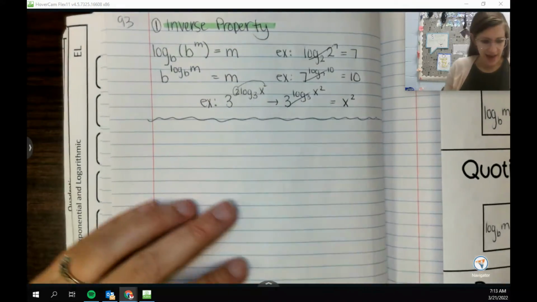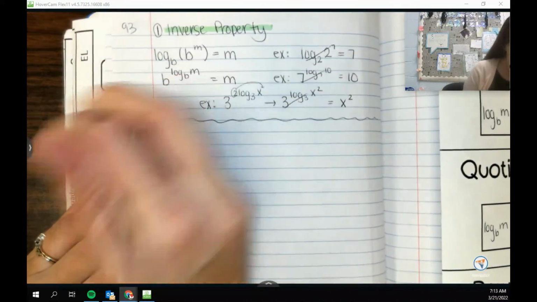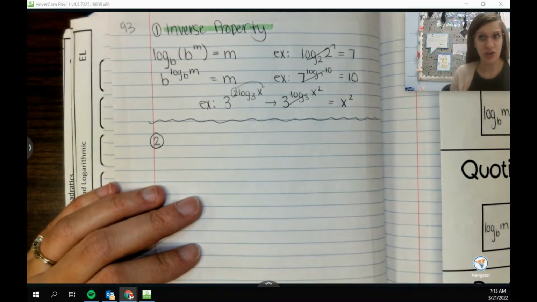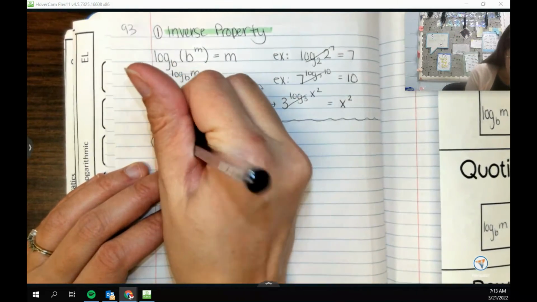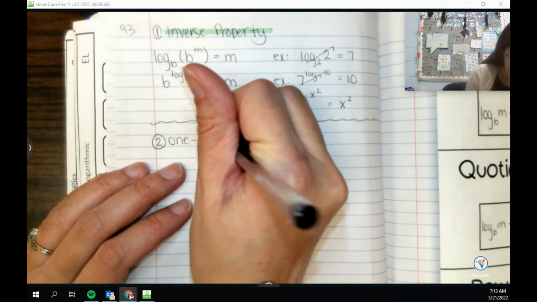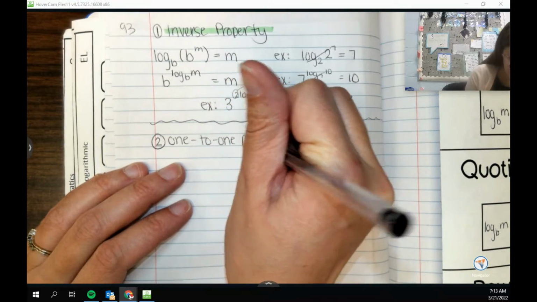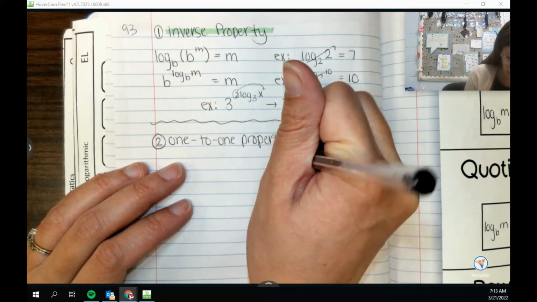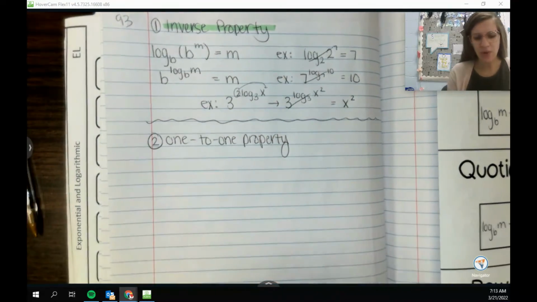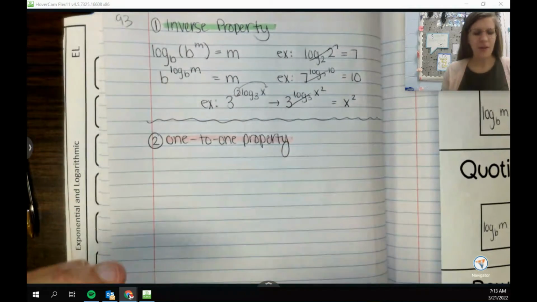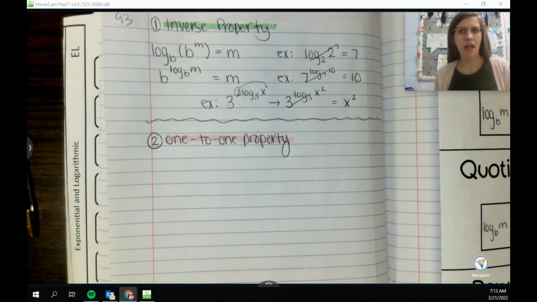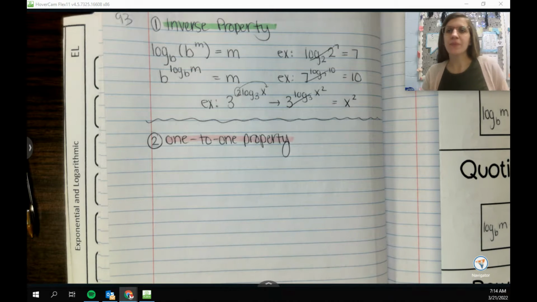Another property that can be super helpful in solving, and we're going to just straight up solve on these ones, which is kind of nice, is called the one-to-one property. So the one-to-one property basically says if I have 1 logarithm equal to 1 logarithm and nothing else, then I can just ignore the logarithms and solve for what's inside.